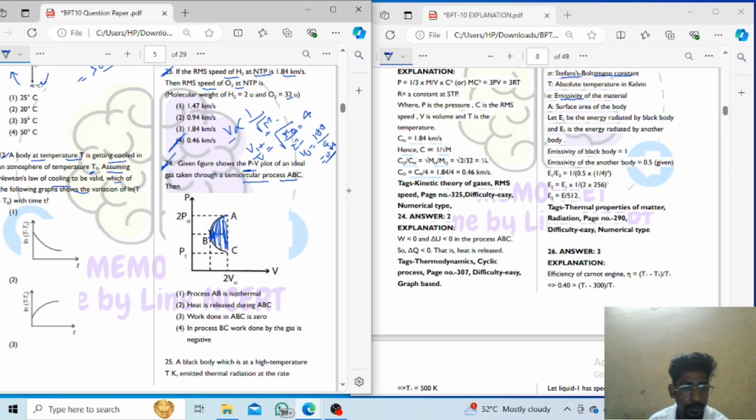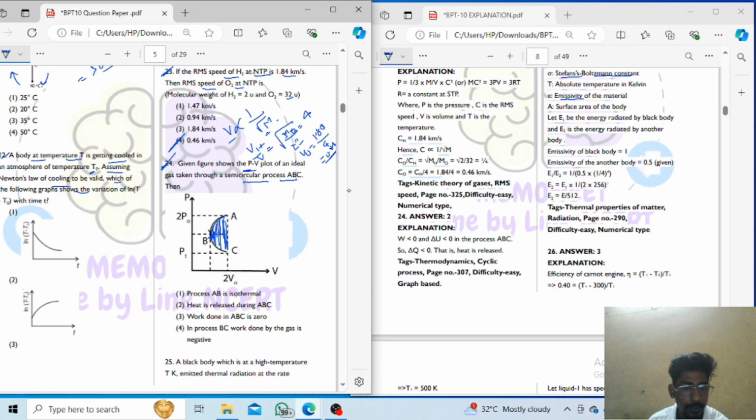So E1 by E2 will be equal to, and remember one thing, for a black body the emissivity e is equal to 1, because it absorbs all the rays coming its way. So E1 by E2 will be equal to T to the power 4, because emissivity is 1 in the case of the black body, divided by 0.5 into (T by 4) whole to the power 4.